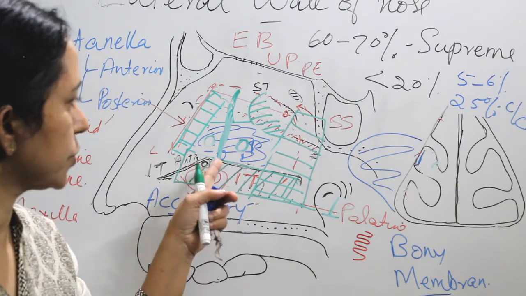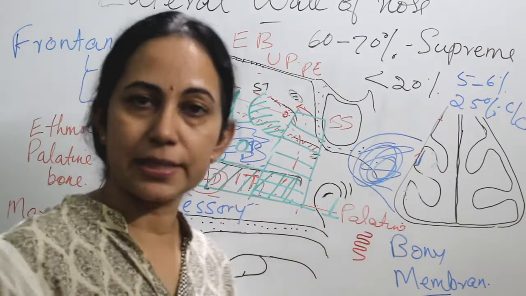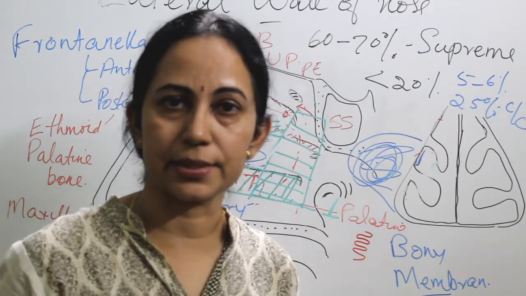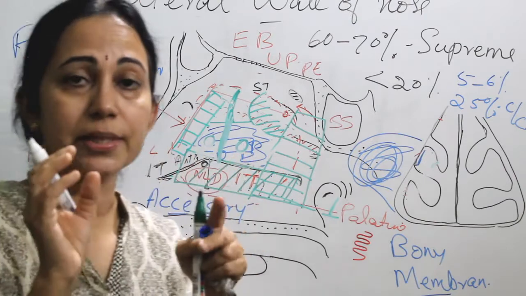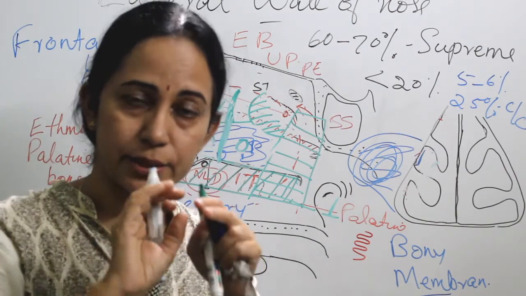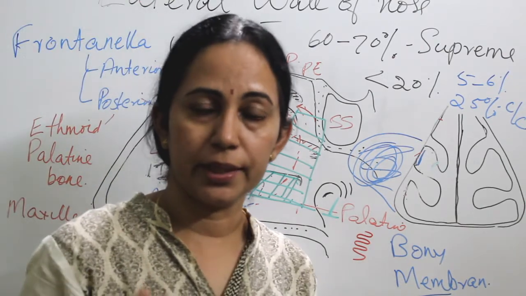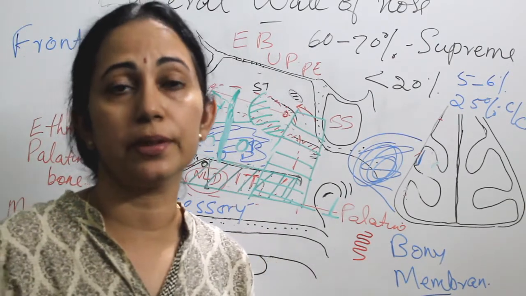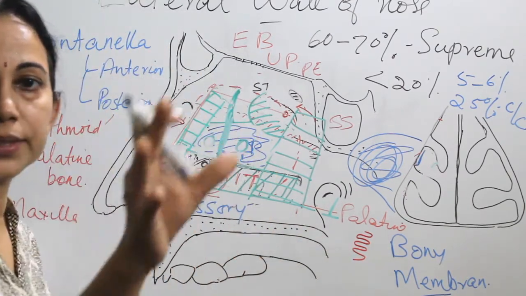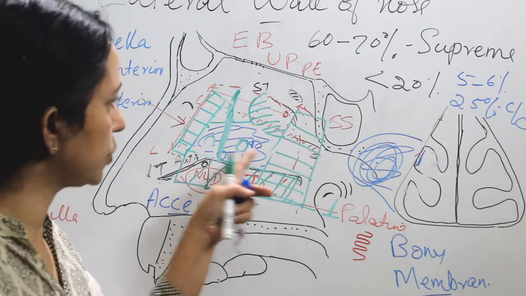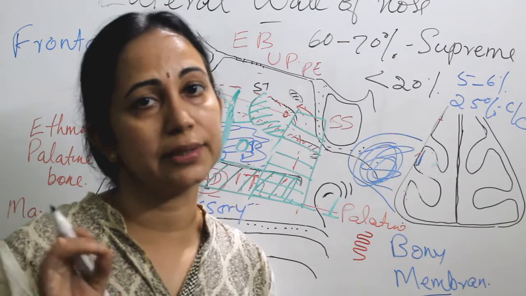Like that, here also, when there is an infection of this maxillary sinus in a chronic sinusitis, this will come and cause bursting. The pus, anyway, under tension has to go out. So it can't burst open the bone. It is easy to burst open the membranous portion. So it comes and makes openings in the membranous portion. So that is how this accessory ostia form. That is what the theories say.